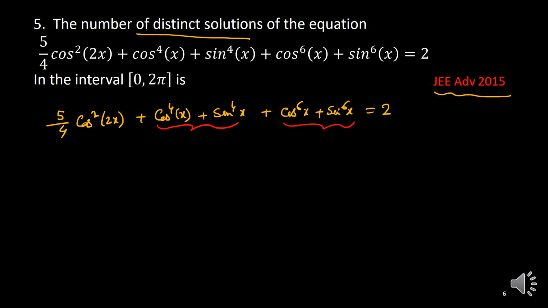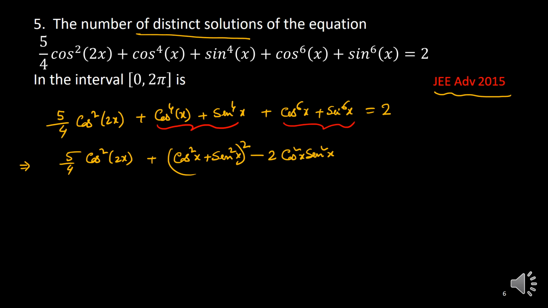Right. So this one I'll keep as it is, cos square 2x. Now for this one, a square plus b square equals a plus b whole square minus 2ab, right? So I can write cos square x plus sin square x, that whole square, minus 2 into cos square x into sin square x.